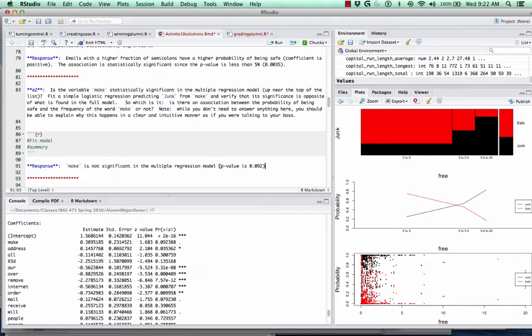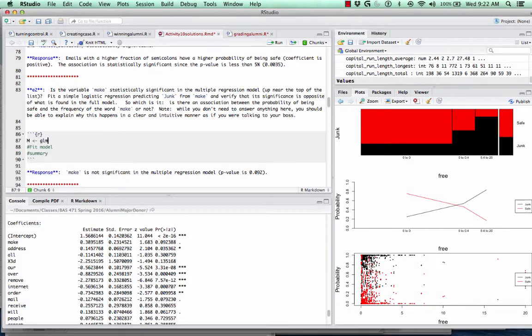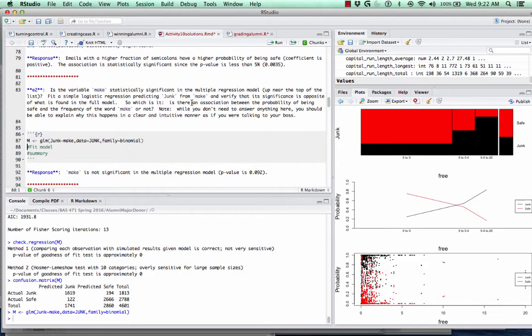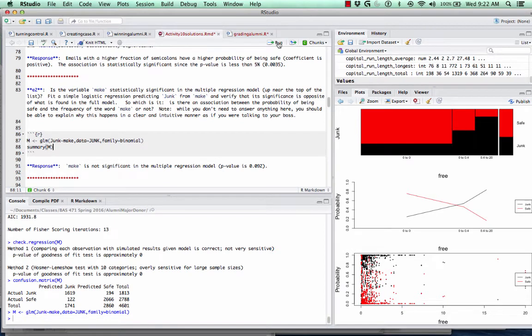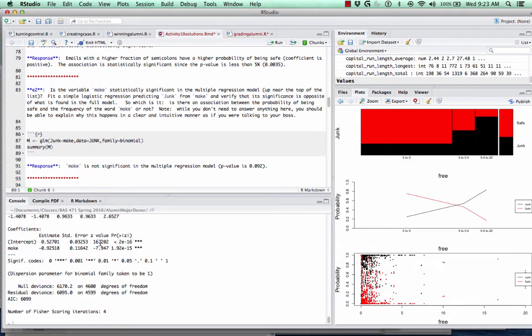The p-value is 0.092. And we're being asked to fit a simple logistic regression, trying to predict junk from make. And why are we doing this? Well, it turns out that if we look at a summary of this model, we find an apparently contradictory result.